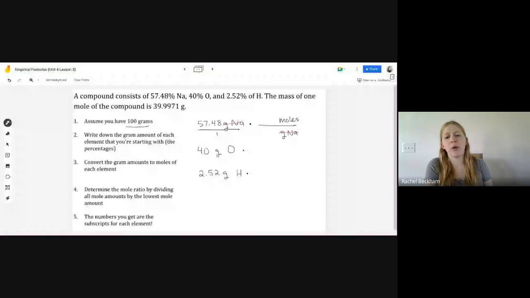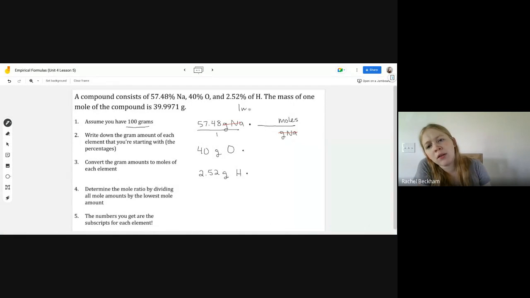Okay, so we know that 1 mole of Na weighs 23 grams. So I'm going to put the 23 on bottom, and the 1 on top. The 1 is going to go with the mole, because 1 mole of Na equals 23 grams. And so you match it with the units. So the 1 always goes with the mole.